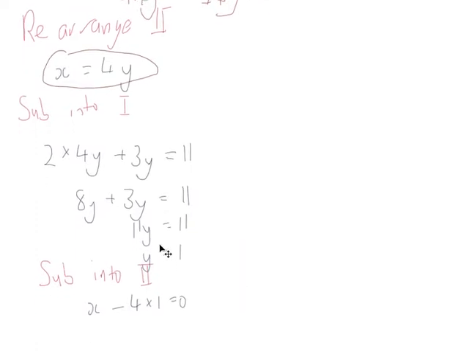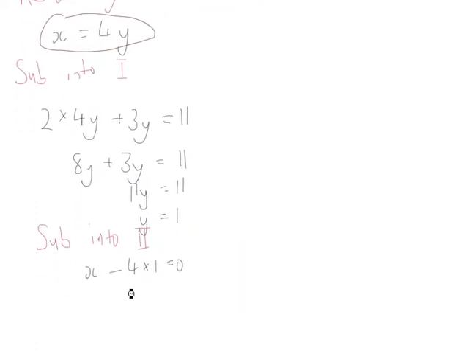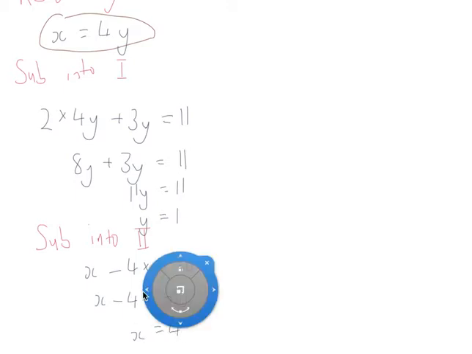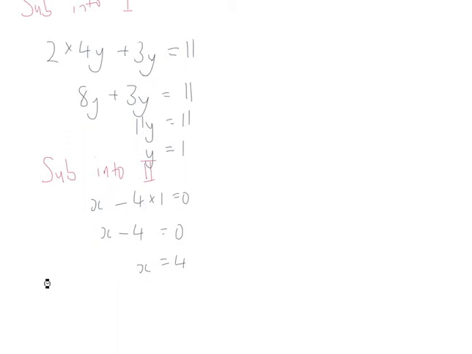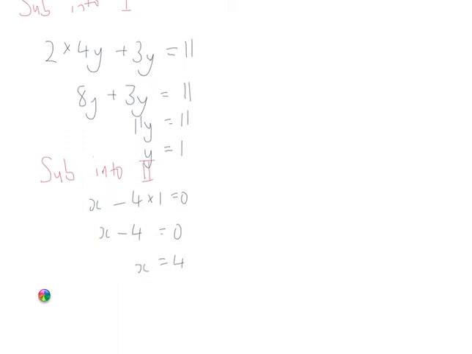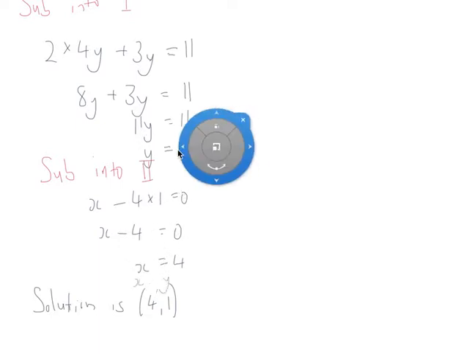Working that through, x minus 4 equals 0, so x equals 4. Make sure again you state what your solution is for your marker. Solution is 4, 1. Of course, you're stating your solution the same way you would a coordinate: x first, y second. Your x part's 4, your y part there is 1.